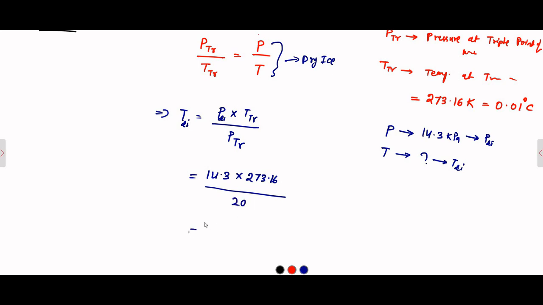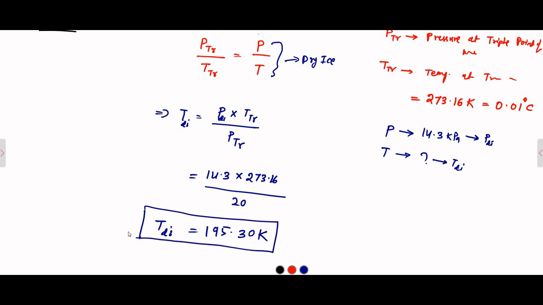If we calculate, it's coming around 195.30 Kelvin. This is the temperature of dry ice.